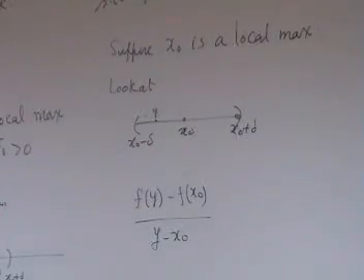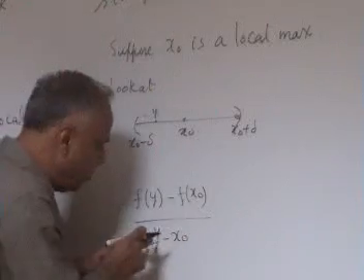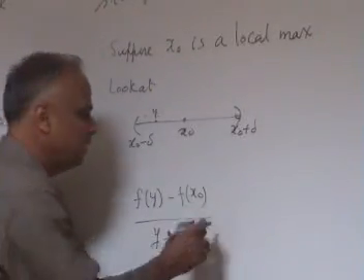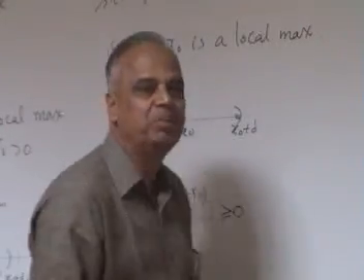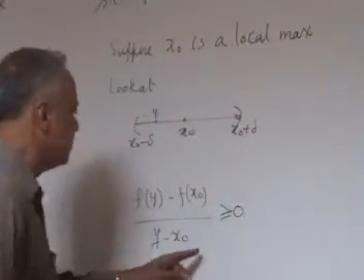What can I say about this? Y is less than x naught, so y minus x naught is negative, and f of y minus f of x naught is also negative, because x naught is a local max. Therefore, f of y minus f of x naught divided by y minus x naught is greater than or equal to 0.